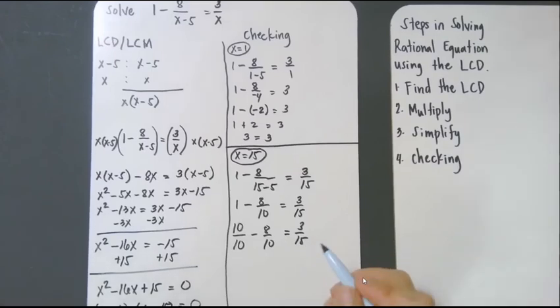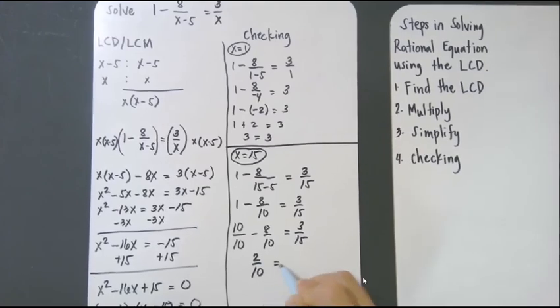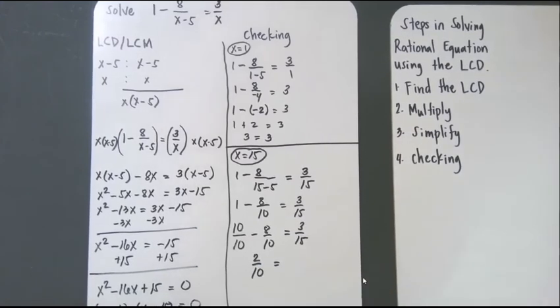Now let's further simplify this. 10 minus 8, that will give us 2 over 10. Now 3 over 15, we can simplify that. Both are divisible by 3. So we divide both the numerator and denominator by 3. 3 divided by 3 is 1. 15 divided by 3 is 5.